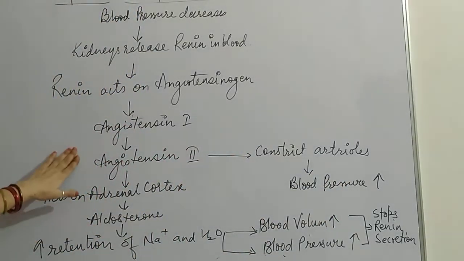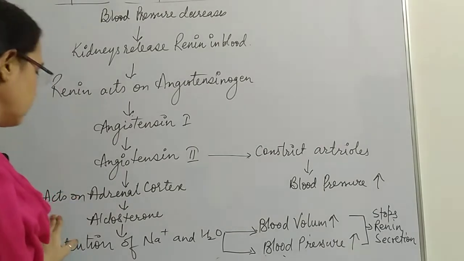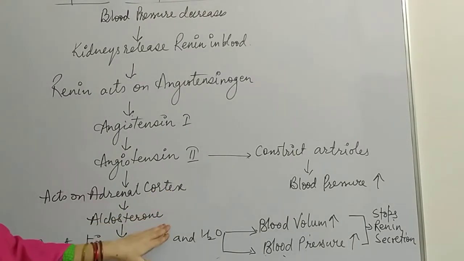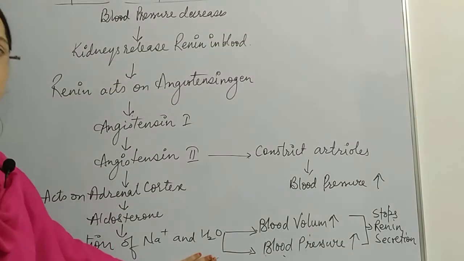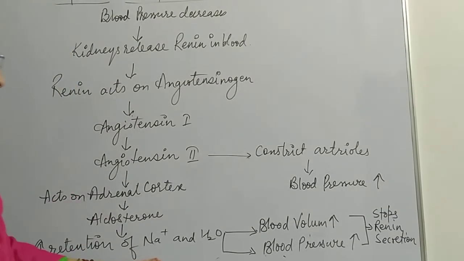Second, this angiotensin 2 acts on the adrenal cortex and initiates it to release the hormone aldosterone. This aldosterone increases the retention of sodium ions and water in the blood. So what will happen when the sodium ions and water are absorbed in the blood?